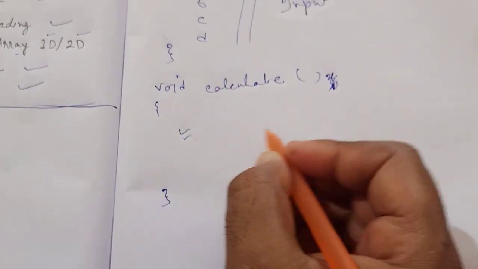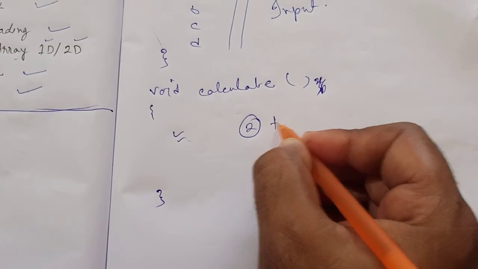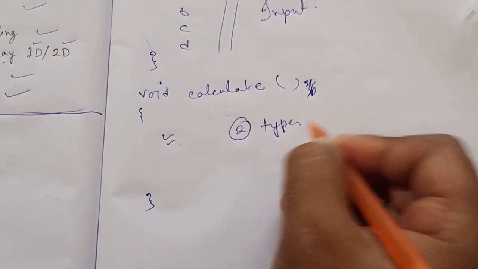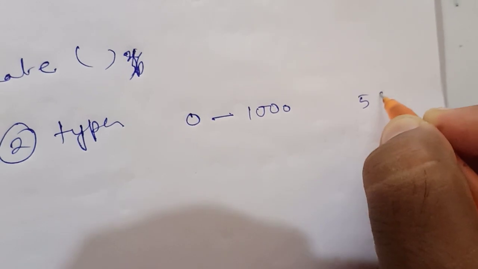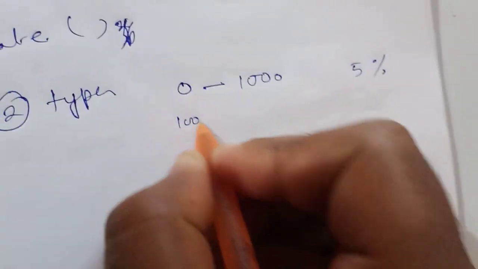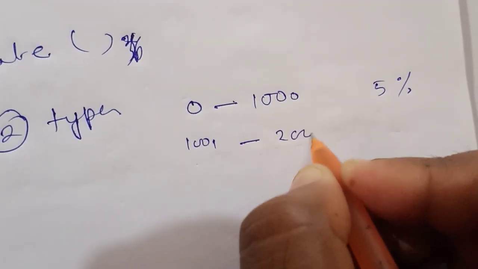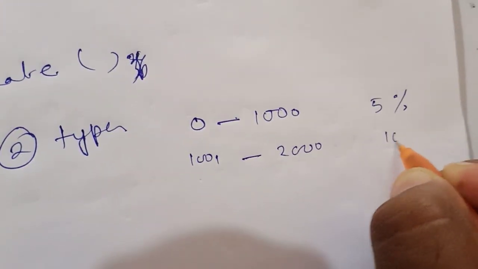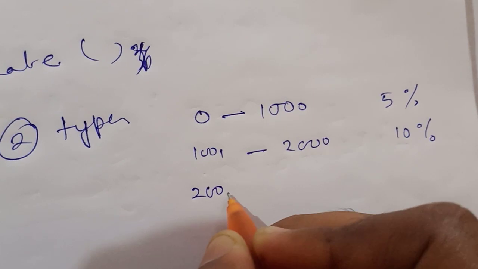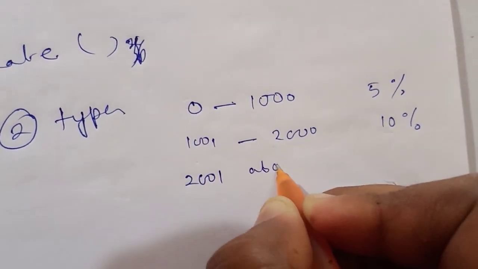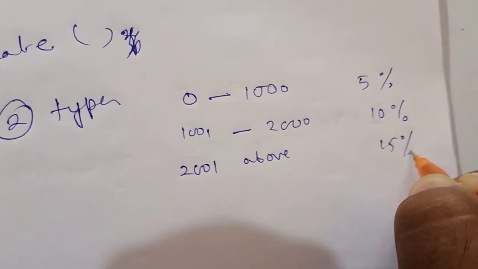Here you get two types of calculation. One is, suppose 0 to 1000, 5%, 1001 to 2000, 10%, and 2001 above, 15%.